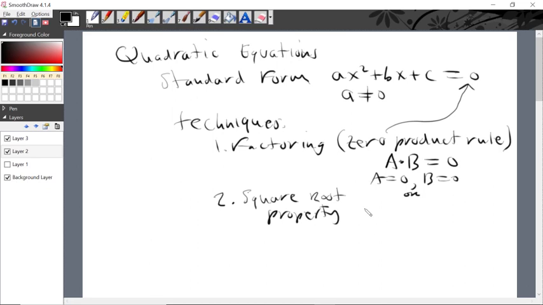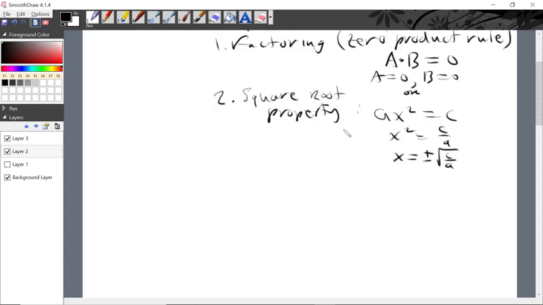So if you had something like ax squared is equal to c, then you could divide both sides by a, and then you could say x is equal to plus or minus the square root of c over a. So the square root property really only applies in this case when b is specifically equal to 0. Let's say the linear coefficient is equal to 0.